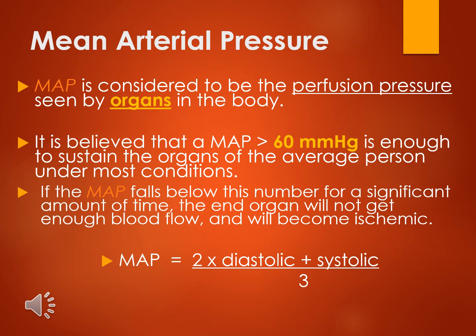They are all important. So when we are looking at our systolic blood pressure, it tells us how hard the heart is working. When we look at the diastolic blood pressure, it looks at how much the heart is resting. And when we look at the mean arterial pressure, we're asking how well is our heart perfusing.